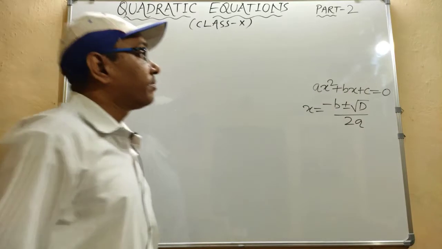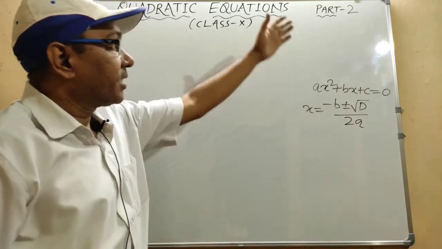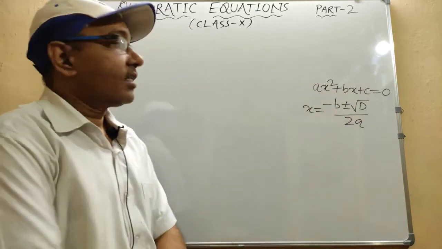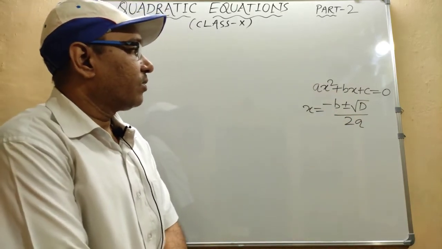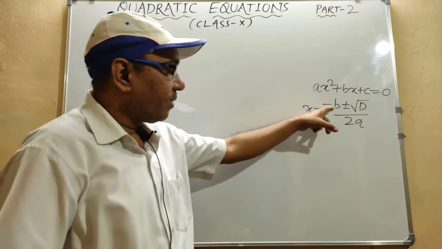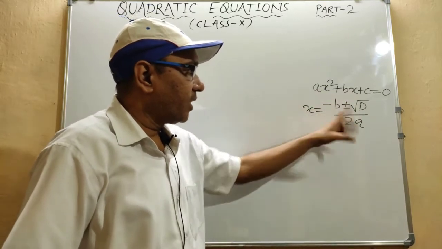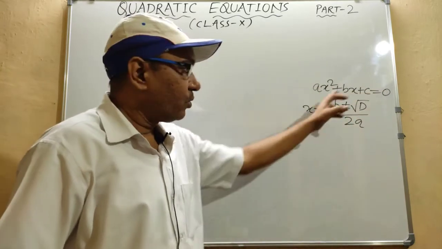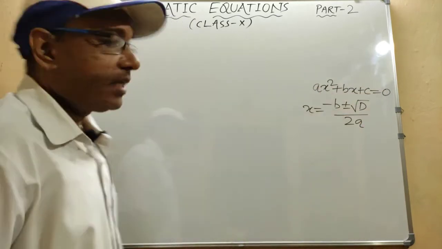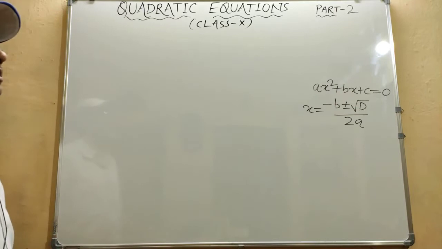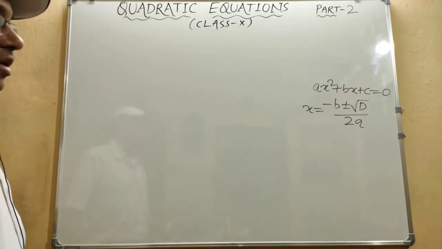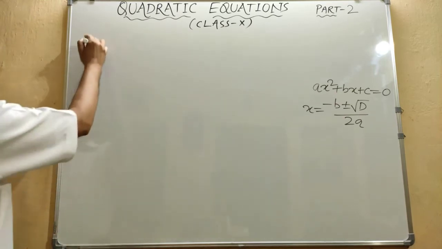We derived this result in part 1, and these are called the roots of this equation. Two roots are there. Here we will see something more related to these roots and also solve some problems.